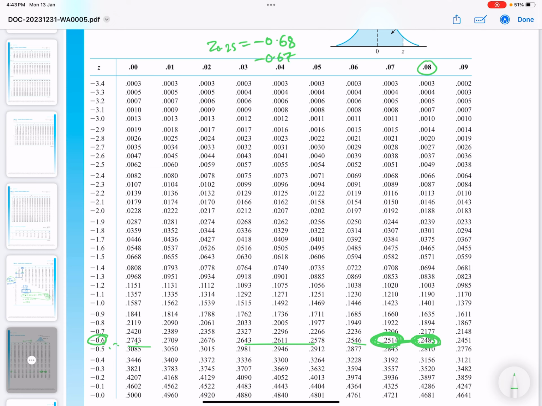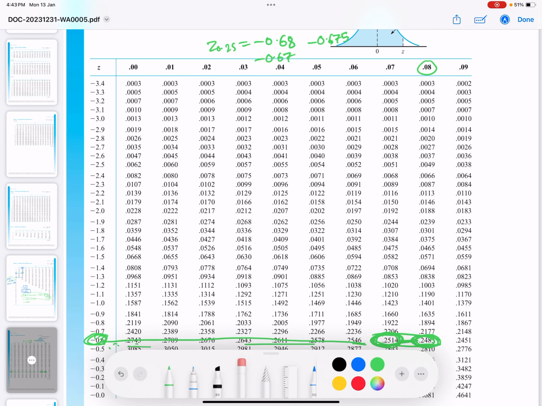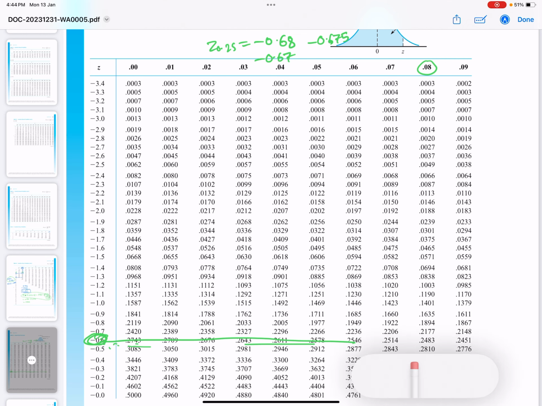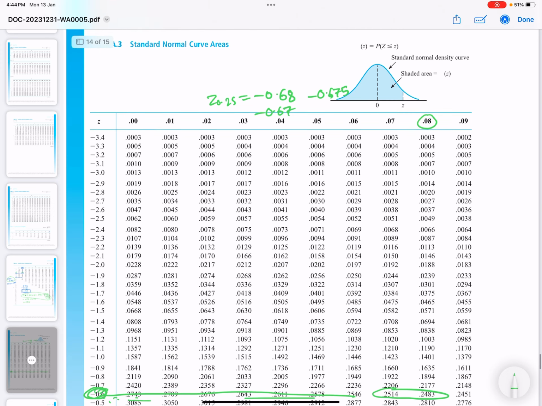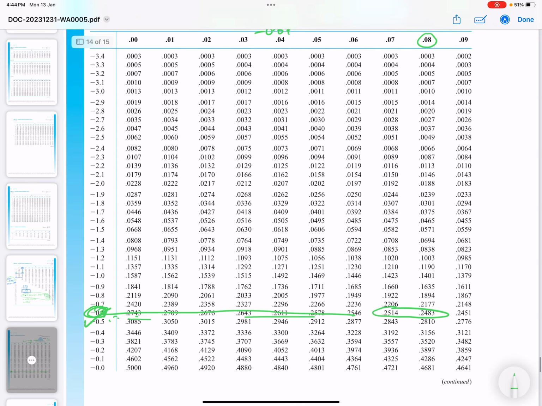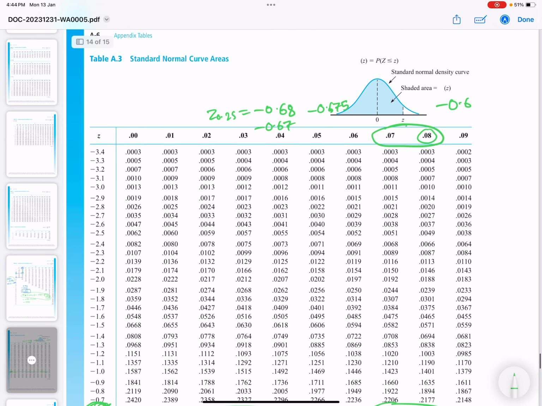Both would work. Or you can take the average of it, which would be minus 0.675. So corresponding to this row and these two columns, the average of these two columns, because they are very close to 0.25, we take the value or an average. It would be minus 0.675.